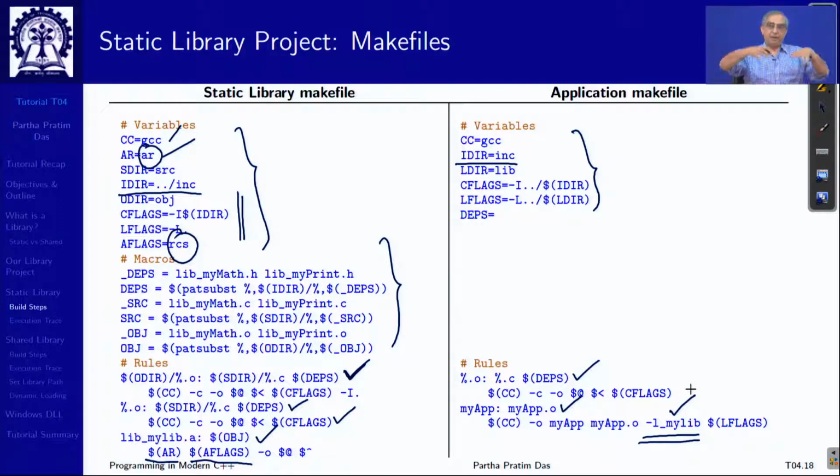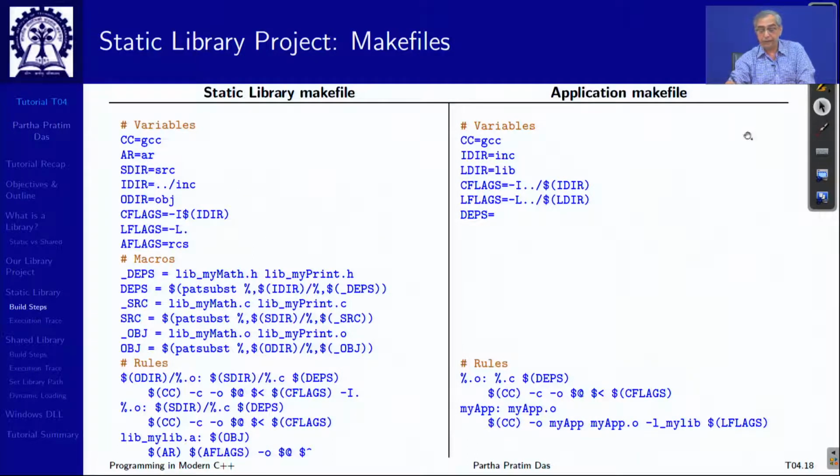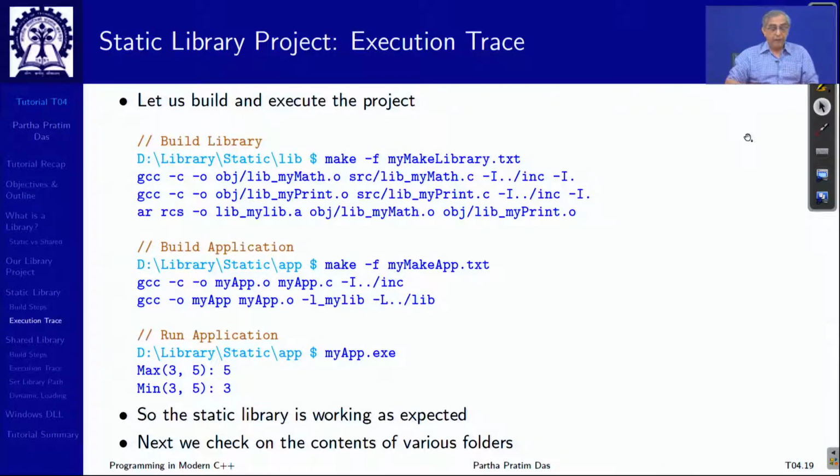The static library becomes a part of your application. Try this out with this example and then start building up further on it. If you run that and see the execution trace, because make will keep on writing what it is doing on your console, you will be able to see that for the static library it builds the two .o files and then finally archives them into the .a, and the application will build the .o and then link with the .a, and then finally you execute and you will see the expected result.